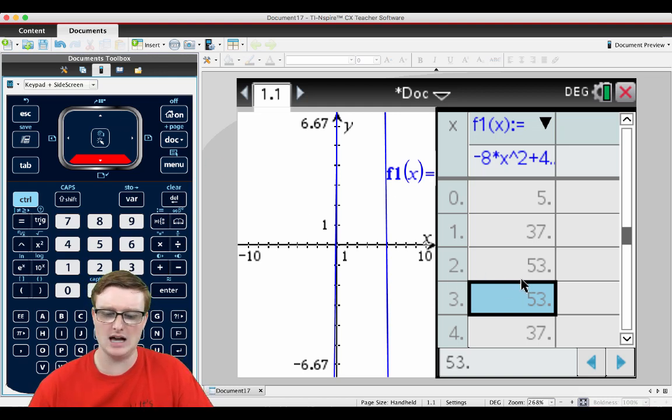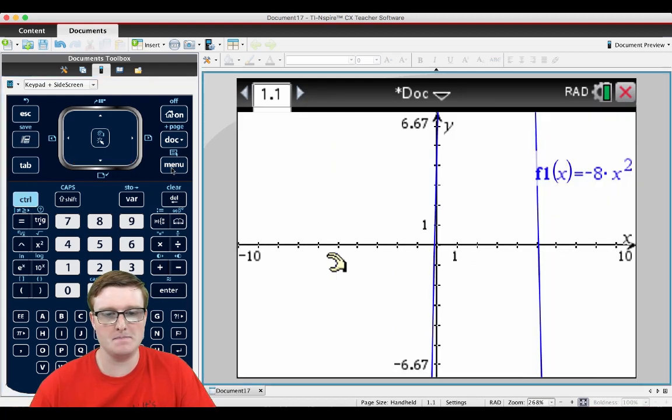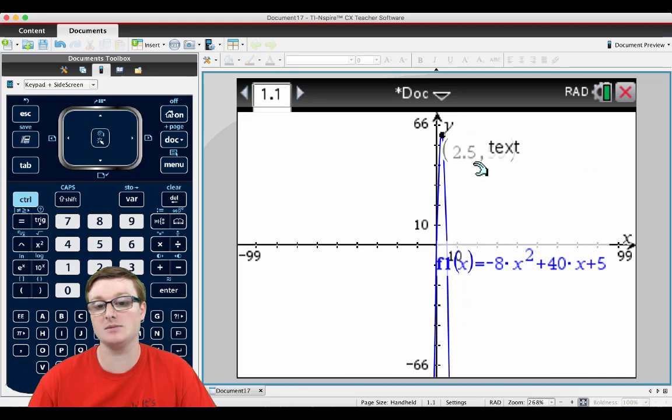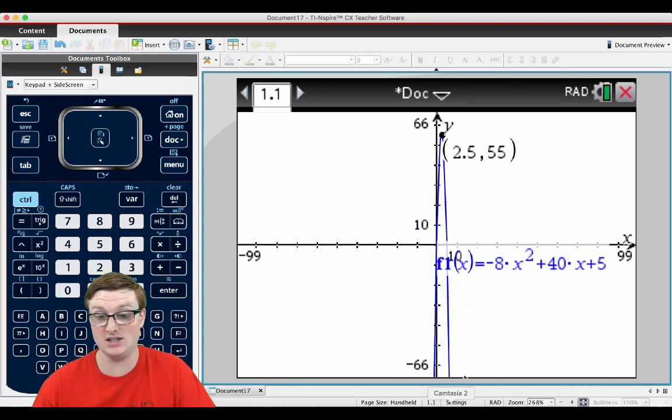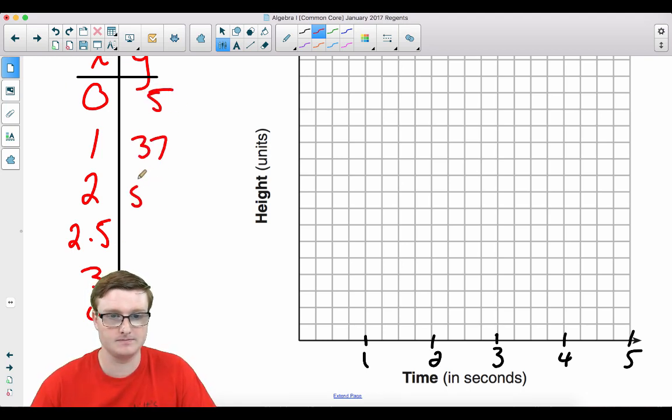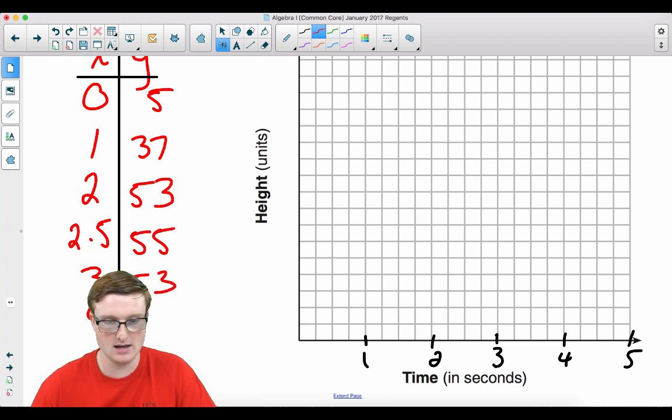So that means that there's actually a higher point in the middle. So I'm going to do menu, analyze graph, maximum, click before and after. And your maximum is actually 2.5, 55. And that's why I put 2.5. So your 0 is 5, your 1 is 37, 2 is 53, 2.5 is 55, 3 is 53, 4 is 37, 5 is 5.